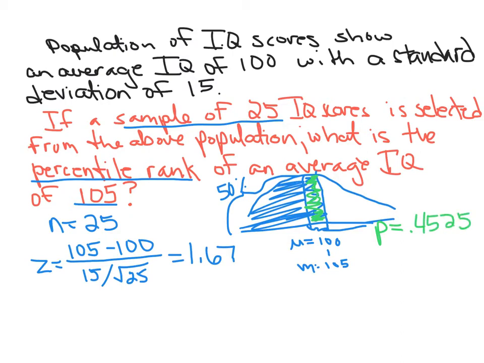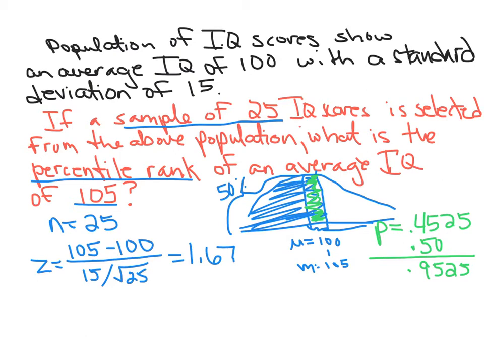0.4525, and you can add that to the 50%, which if it was a p-value, it would be 0.50. If you add those, it's 0.9525. Or you could do something a little different.